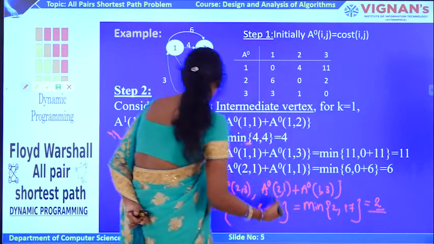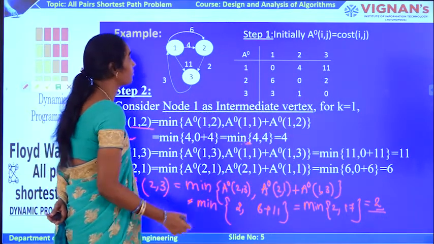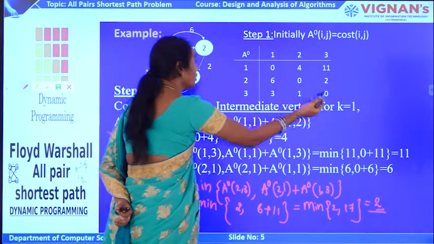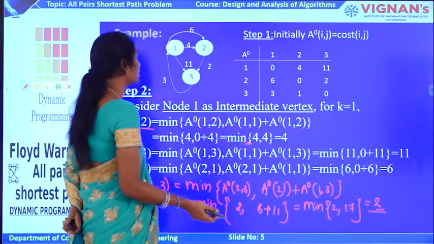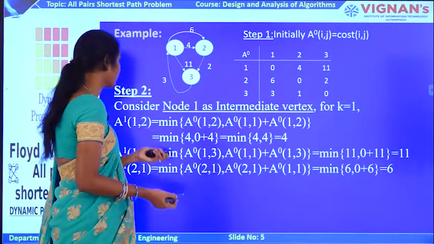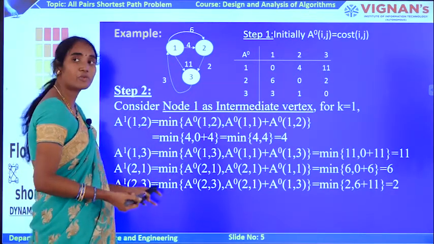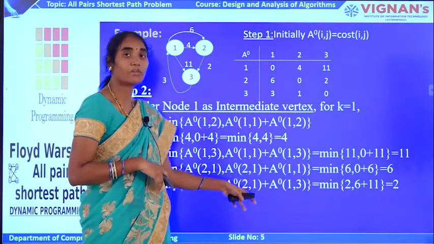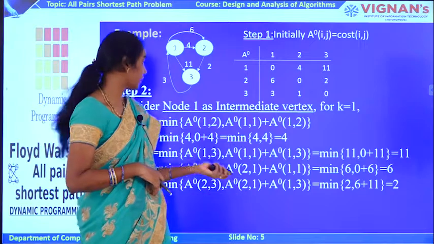So finally A1 of 2 comma 3 will be equivalent to 2, whereas previously it was 2 only. So even now it is 2, right?